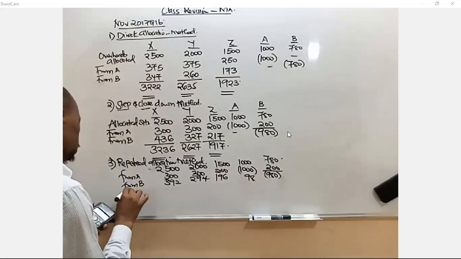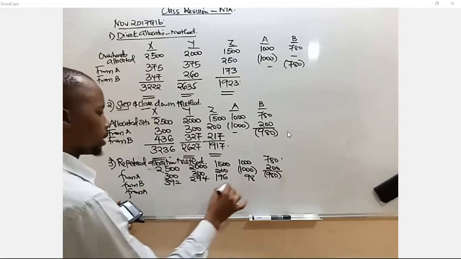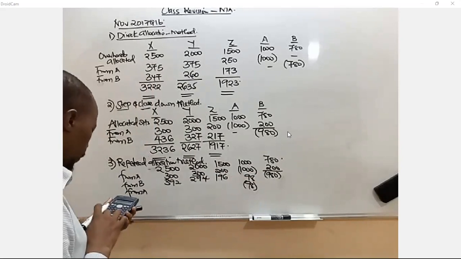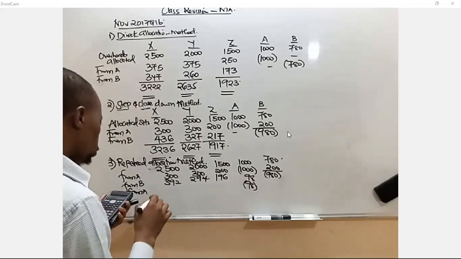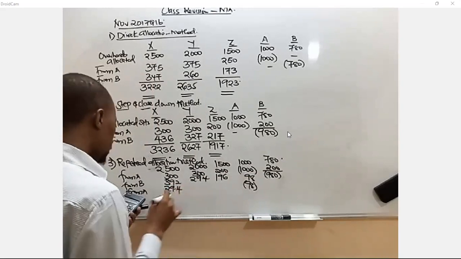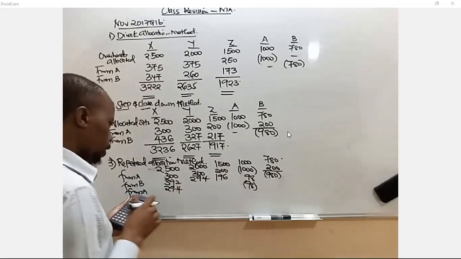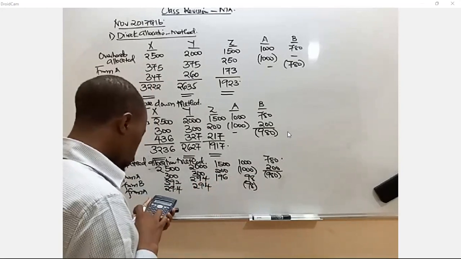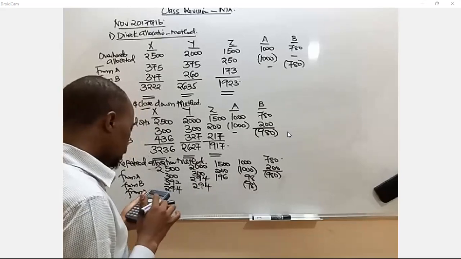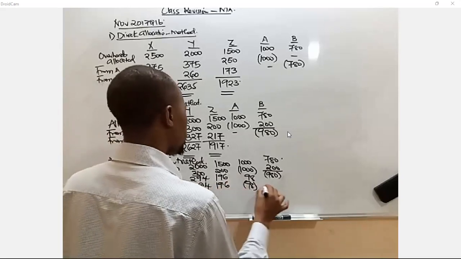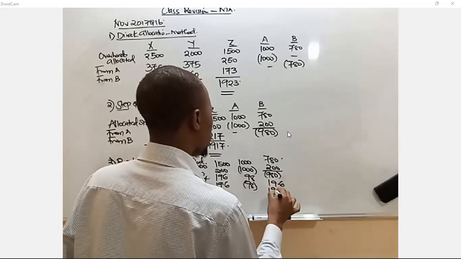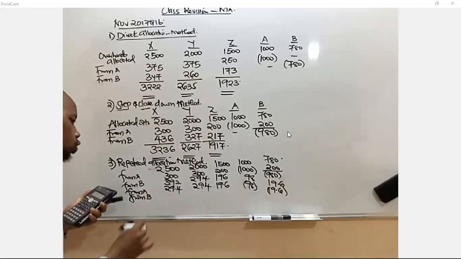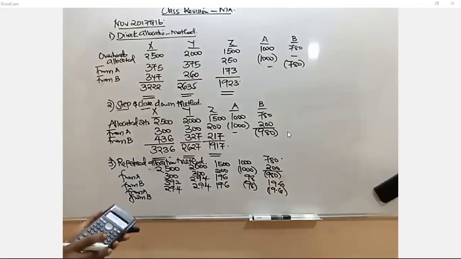So when you come in and you tell us from A, we are allocating 98. Using the same proportions, 0.3 times 98, 29.4. The other one will be 0.3, 29.4. The other one will be 0.2 times 98, 19.6. So we are allocating 19.6 from B, using the proportion provided.